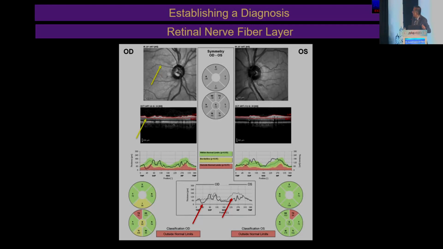We need to look at the least colorful part of OCT, which is right here. It is the asymmetry between the two eyes, and that is going to tell us where the problem is. We can also see the nerve fiber layer defect on the red free. We can see the loss of tissue here. And last, we come to the normative database.